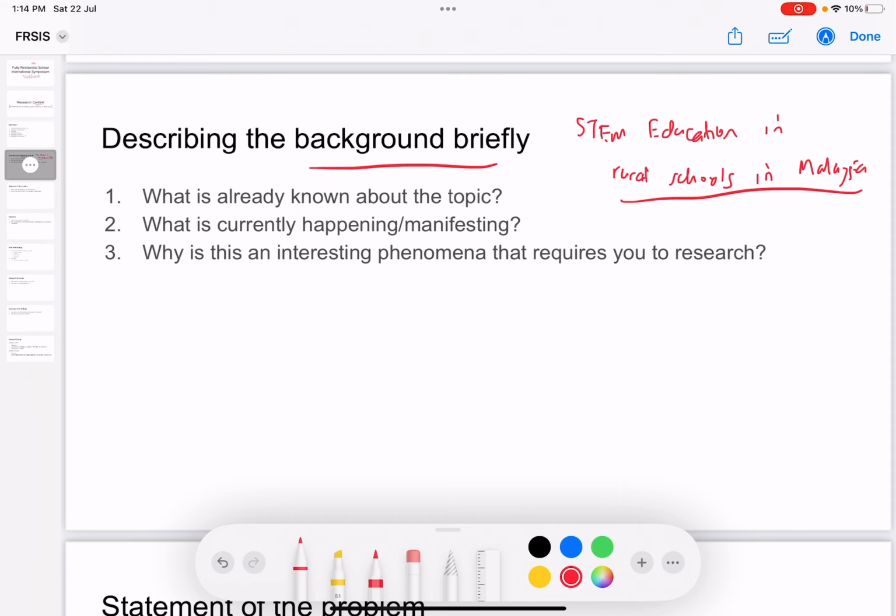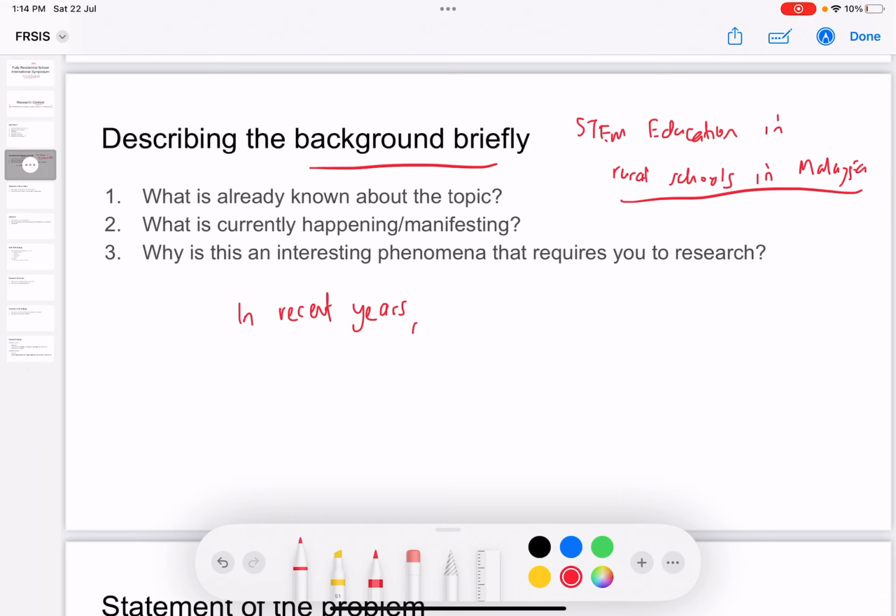So you could just start off by saying, in recent years, and if you can specify the number of years, like from the years 2006 to present day, there's been a steady decline of STEM education among rural students. Okay, so let's start first.